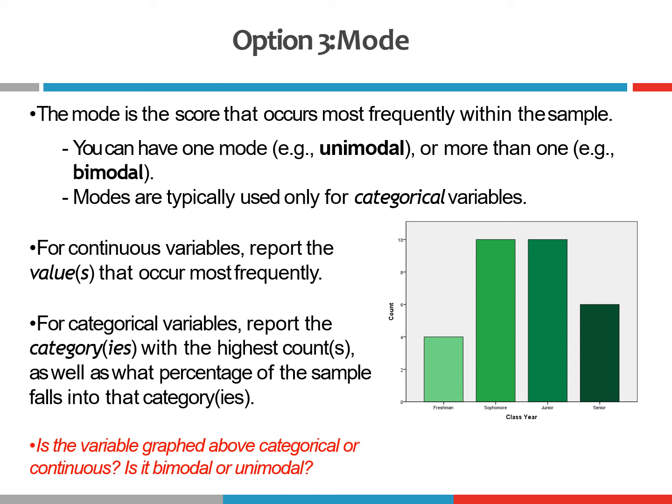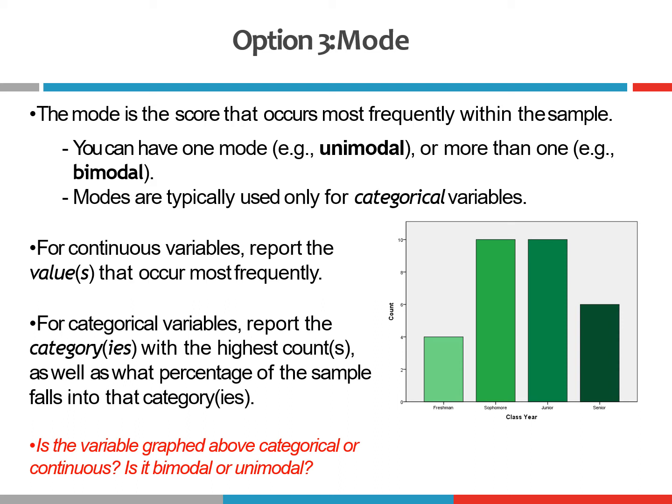So if we were to report the mode for this data set, we would say there are 2 modes. It's a bimodal distribution. 33.33% of the class are sophomores, and 33.33% of the class are juniors.